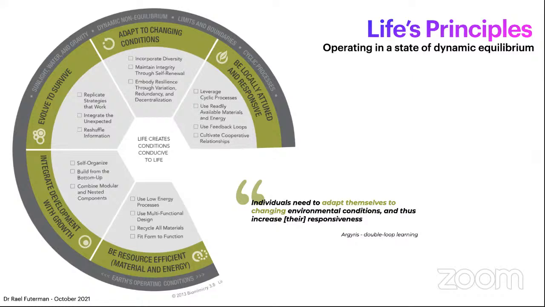But if we look at double loop learning as well, and where it links and segues so nicely into this, is that Argyris wrote that individuals need to adapt themselves to changing environmental conditions, and thus increase their responsiveness. And this comes back to learning agility as well.